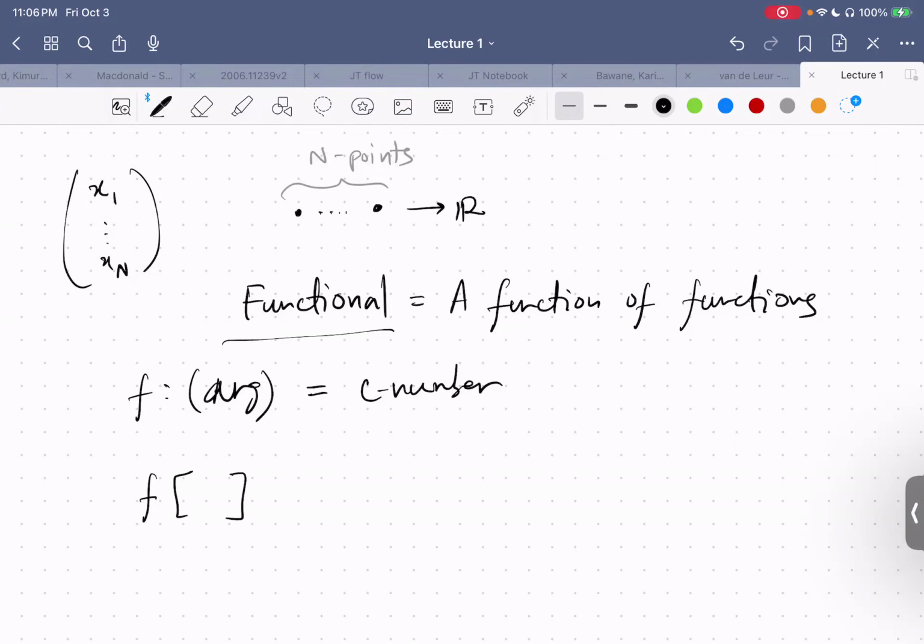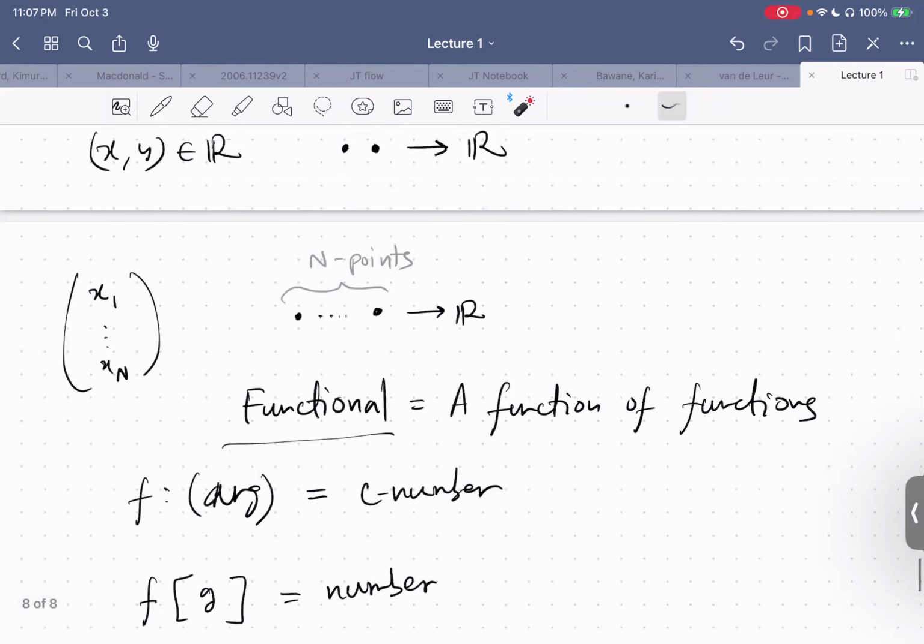So here, in order to get a number, you have to provide it a function. So maybe a function is g, and then you get a number. Okay. We don't usually think of vectors as functionals, but as you can see, we can easily do that. I'm sorry, we don't usually think of vectors as functions, but we can easily do that.